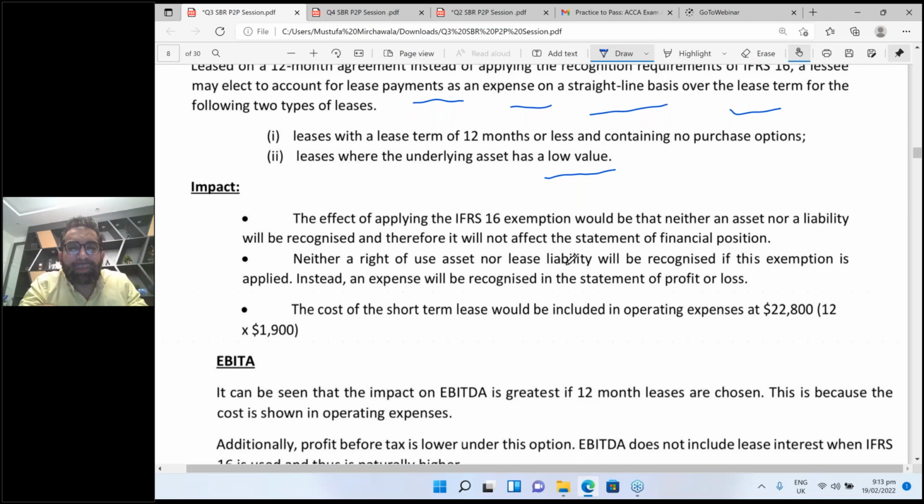So simply 12 multiplied by 1900, straight away 22,800 for the whole year will go in P&L. Operating expenses will be debited by 22,800. This is the impact of this third option, which was exemption.